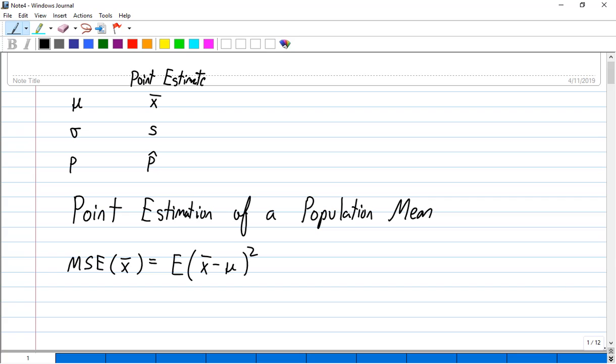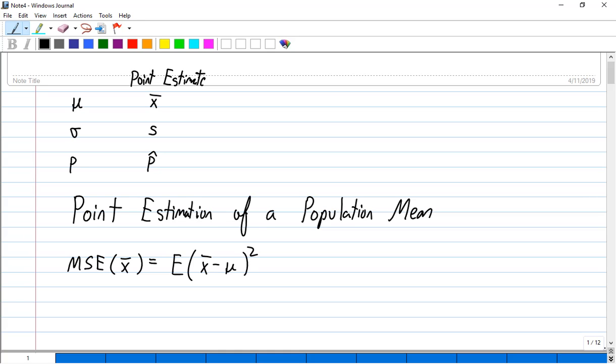So the type of estimators that we're going to use going forward, we want them to be unbiased estimators. We've already talked about what an unbiased estimator is, because we want it to be a true representation of the population, or as close to it as possible.